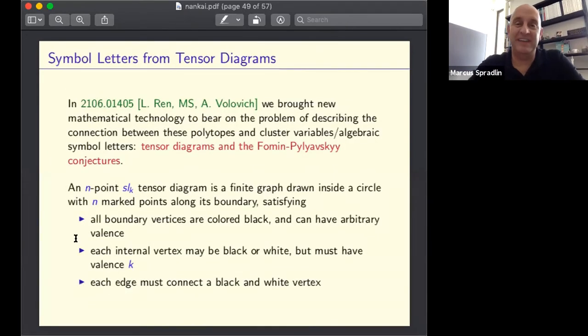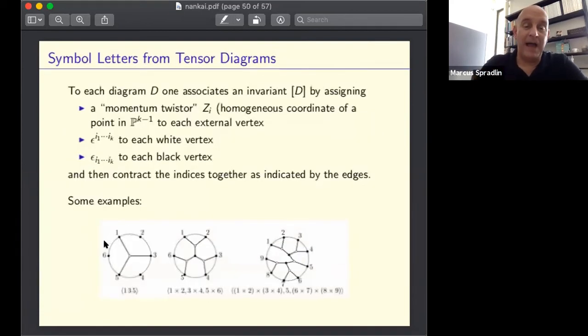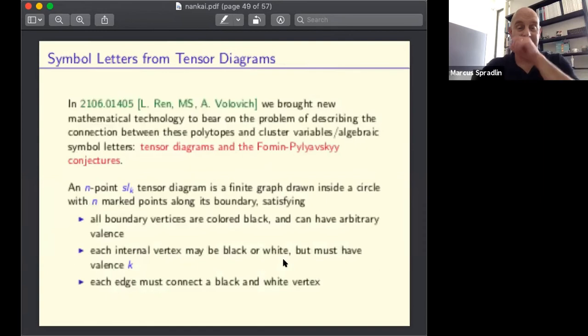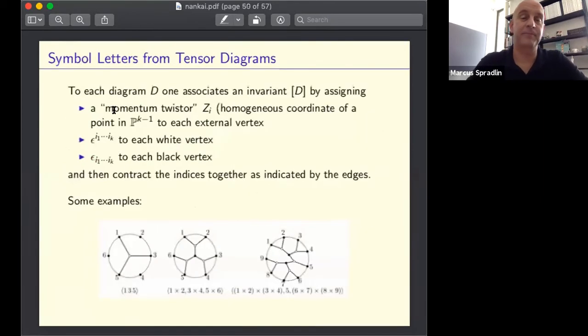An endpoint tensor diagram for SLk is a finite graph drawn in a circle with n marked points on the boundary, all boundary vertices colored black. Interior vertices can be black or white, but importantly, each edge has to connect a black and a white vertex. So those are the rules here.